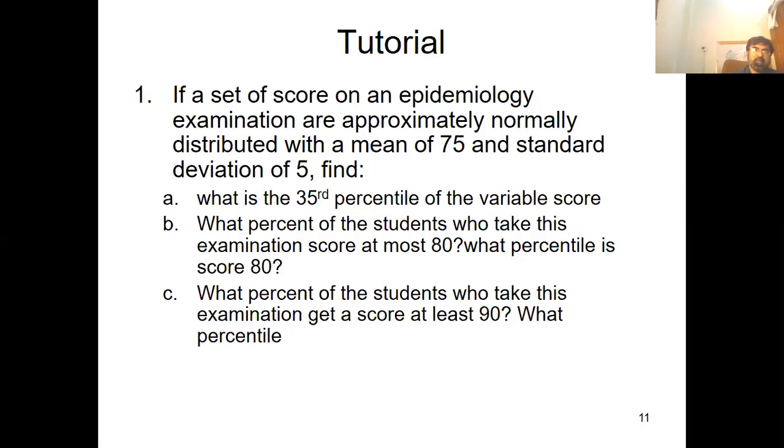Now mu is 75 with a standard deviation of 5. Now we have to go for the calculation. First, you have to calculate x for the 35th percentile. Let's do the first one.